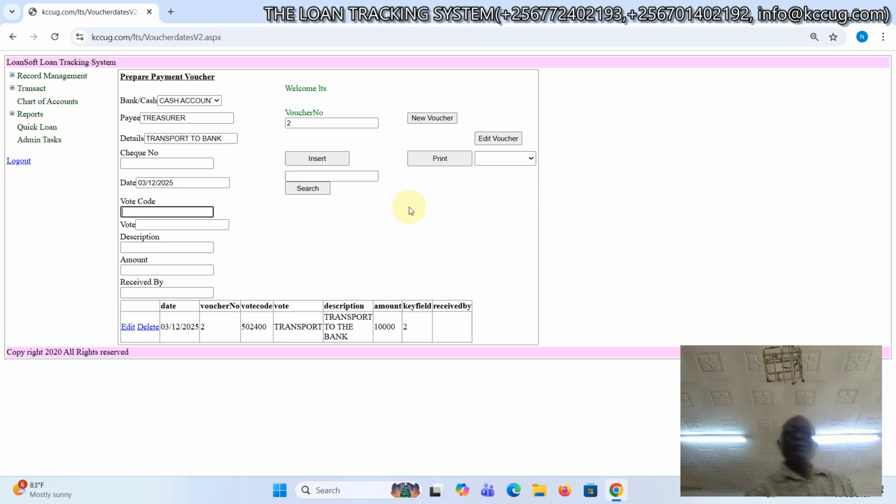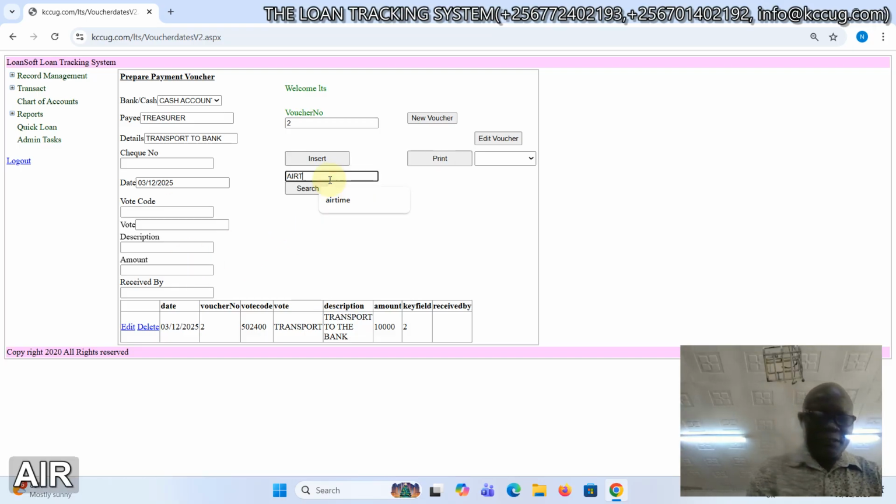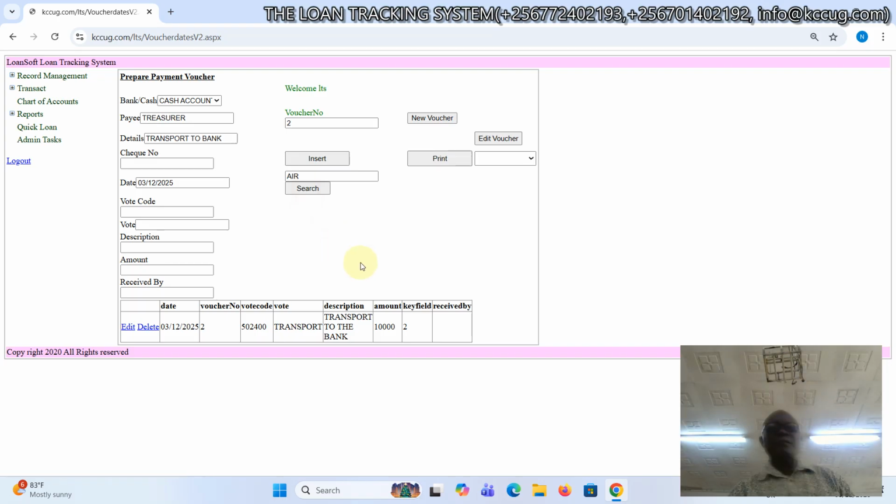Now you can post this, or we can generate another payment voucher. And by the way, you can even have more than two items on the same voucher. There is transport, then there is also airtime. So you just say what is, I don't know whether I have airtime here, but at least, there is no airtime.